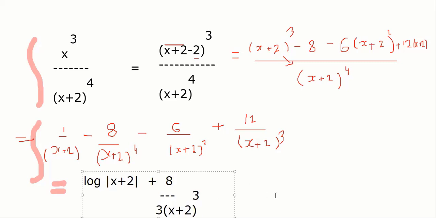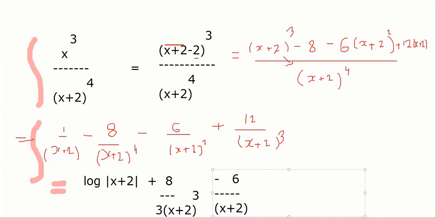Simple. Next, what is the integration of minus 6 into (x plus 2) to the power minus 2? So minus 6 will remain like this. What will the power of (x plus 2) become?